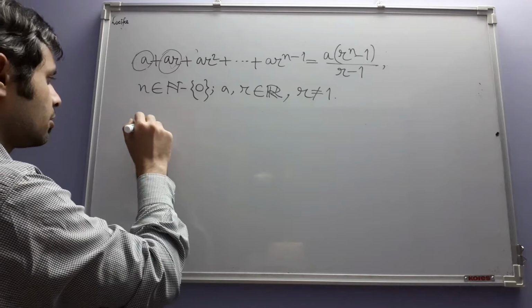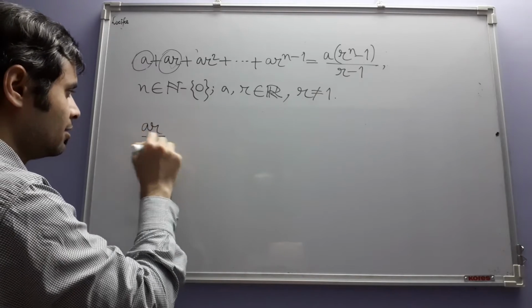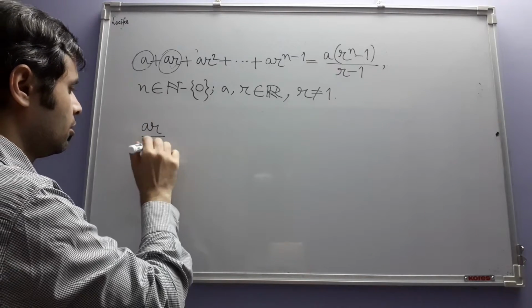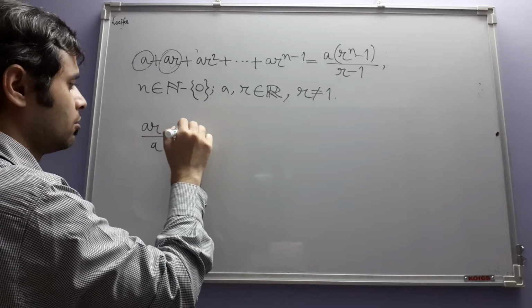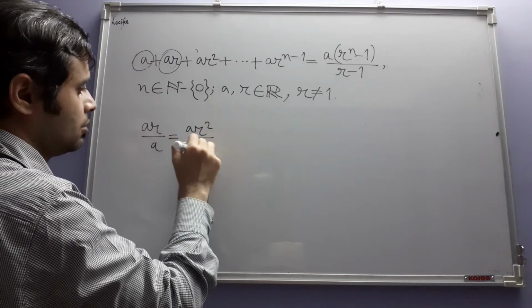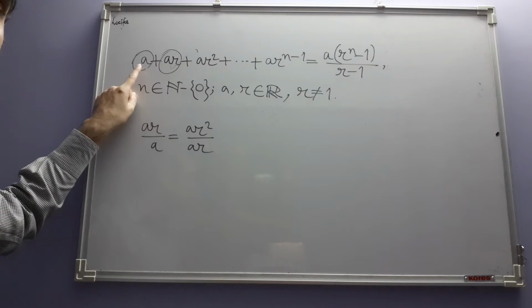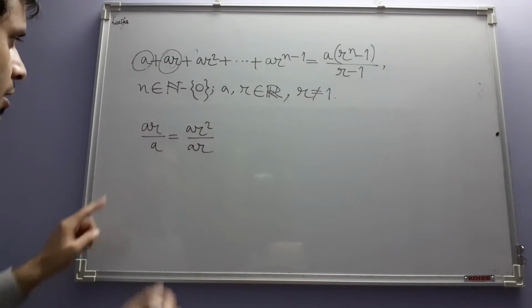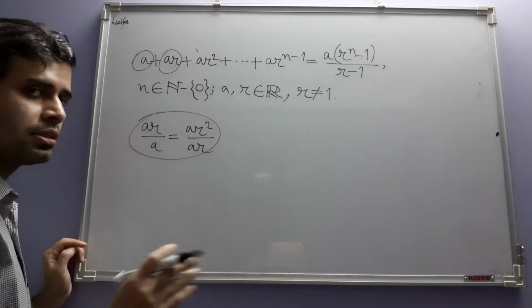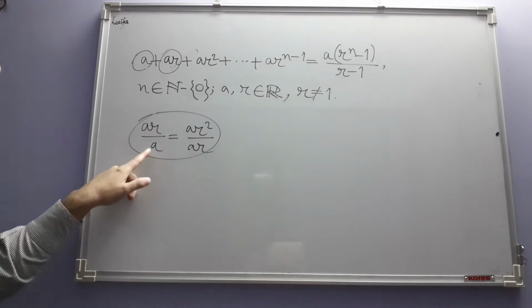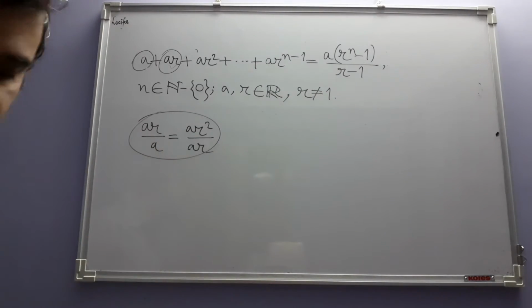Why I did not define it like this, a is equal to ar squared divided by ar, is because I don't really know whether a is 0 or not. a may be 0 also. Then this type of definition of a geometric series will make no sense because I am dividing by 0.